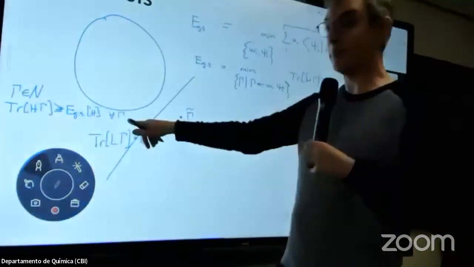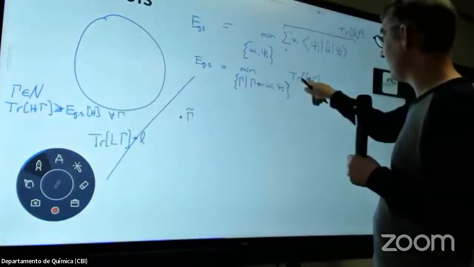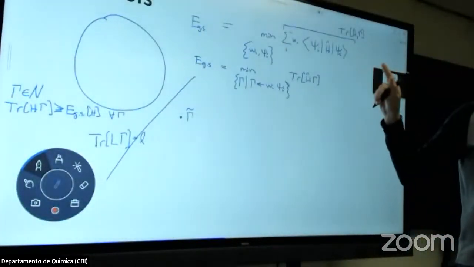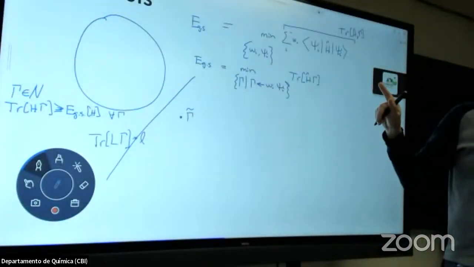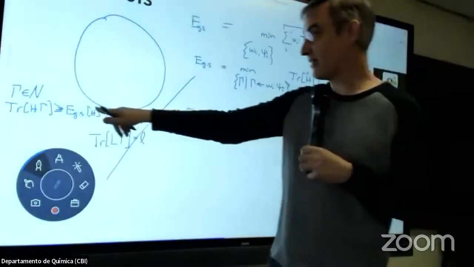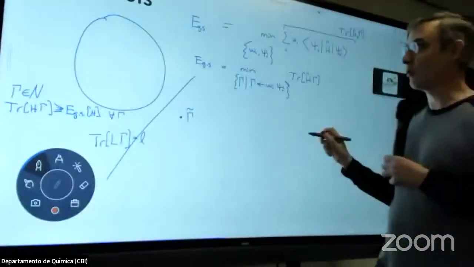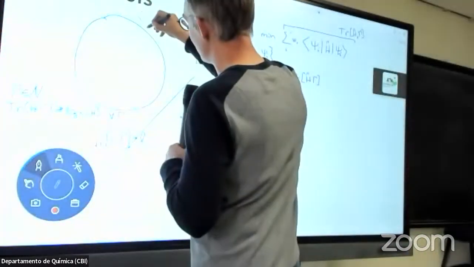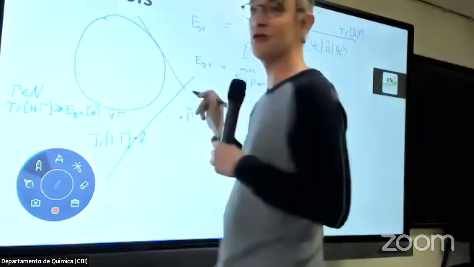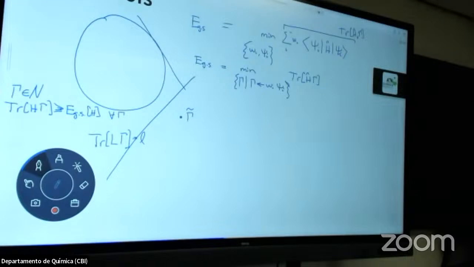So what it says is I pick any gamma, anything inside this set, and when I apply it into the variational principle, I always get energy that's too big, right? There'll be one place where this is equality, when it's exactly equal. The equality corresponds to a point that just touches the boundary, right? That's a supporting hyperplane for the convex set.